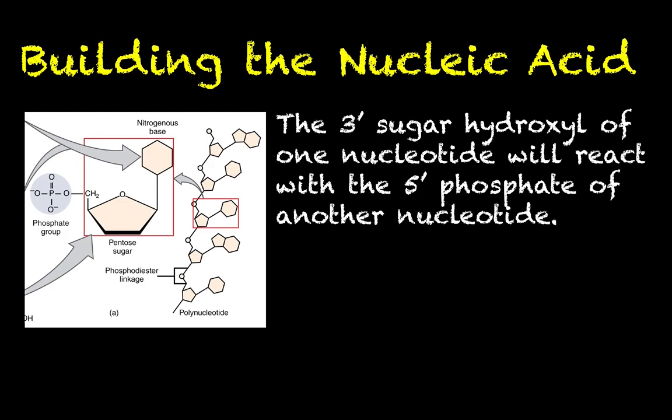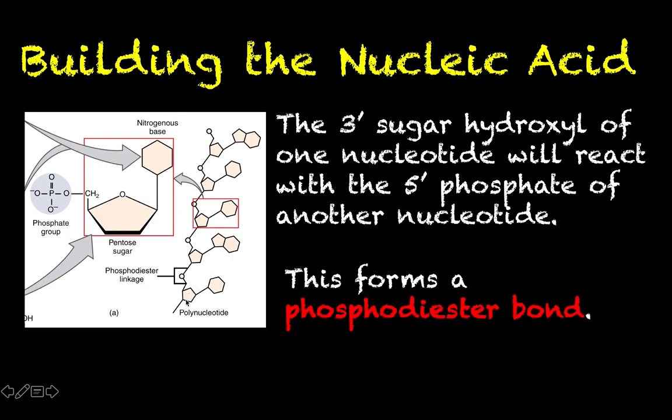So when we start to polymerize our nucleic acid, the bonds that we are forming are going to alternate phosphate, sugar, phosphate, sugar, phosphate, sugar, phosphate, sugar, with this end of the strand where the phosphate is exposed being the 5' end of the strand, and this end of the strand with the sugar exposed being the 3' end.